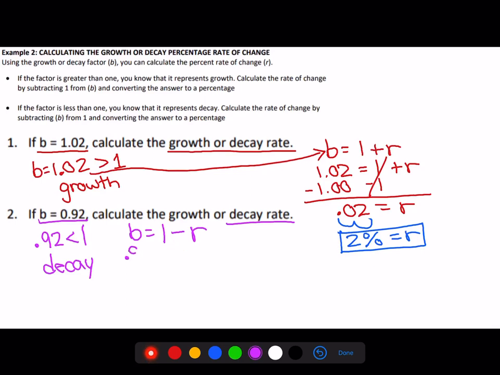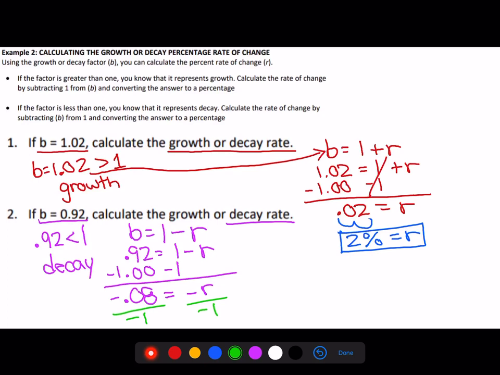And we'll have 0.92 equals 1 minus R. If I subtract 1 from both sides, we're left with negative 0.08 is equal to negative R. Now, I know that we see a negative here, but R is not by itself. So from here, I divide both sides by -1 to get R by itself. We're left with R is equal to 0.08. From here, I move my decimal place 2 places to the right because, again, this is a percentage. This should be written as a percent. And we're left with R is equal to 8%.